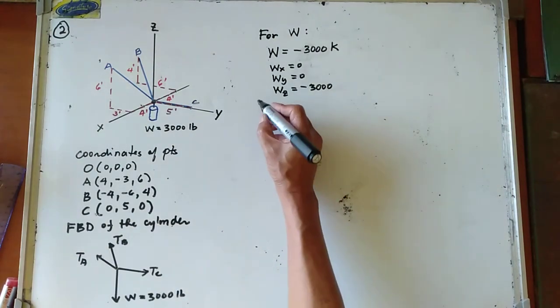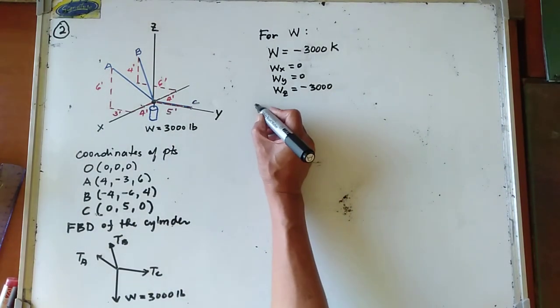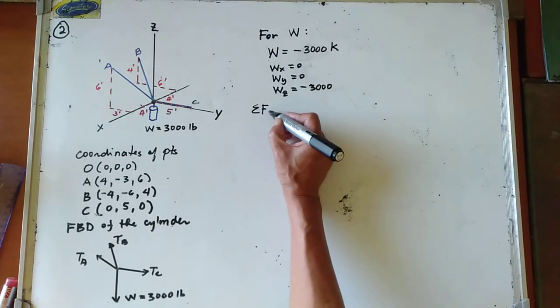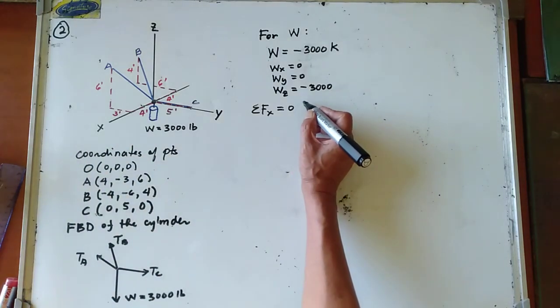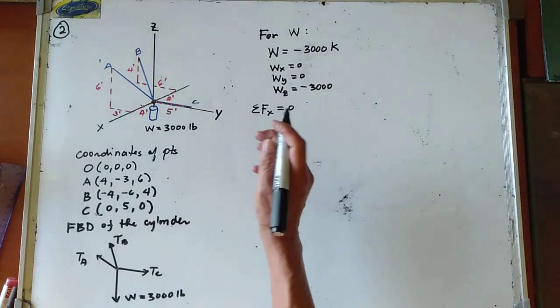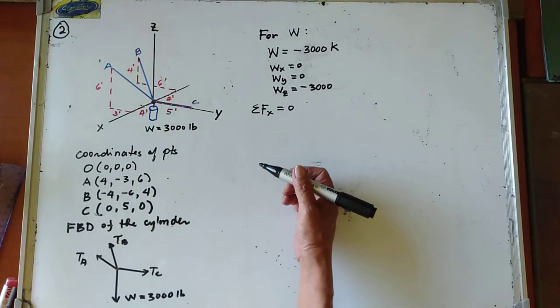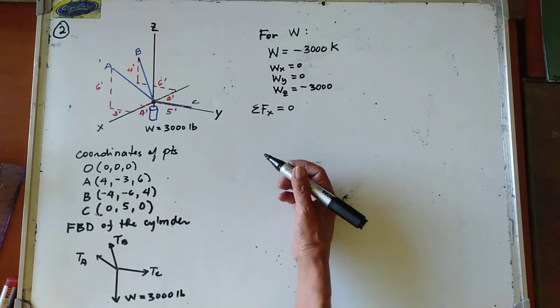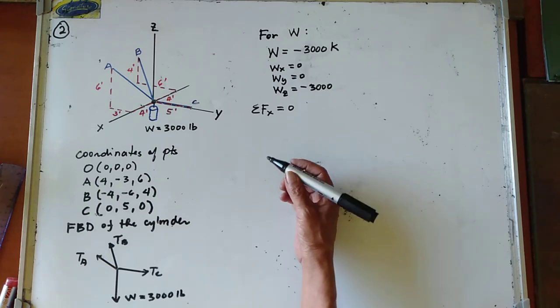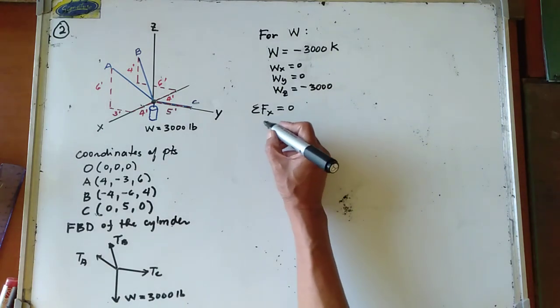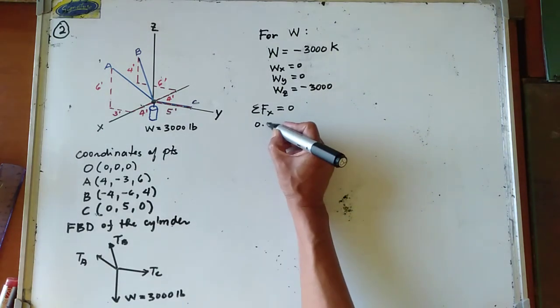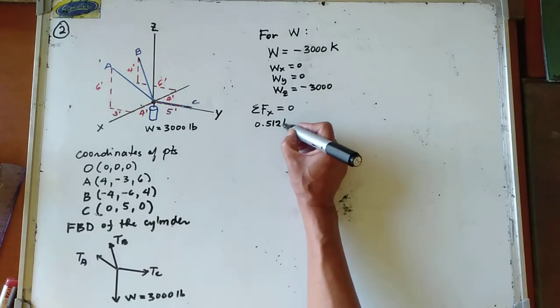Apply equations of equilibrium. Now, summation of forces along the x-axis is equal to 0. We have your TAX equal to 0.512 TA.